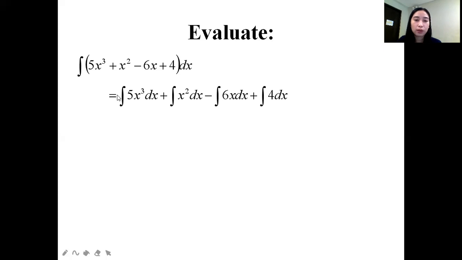Let's distribute the integral sign: the integral of 5x cubed dx plus the integral of x squared dx minus the integral of 6x dx plus the integral of 4 dx.